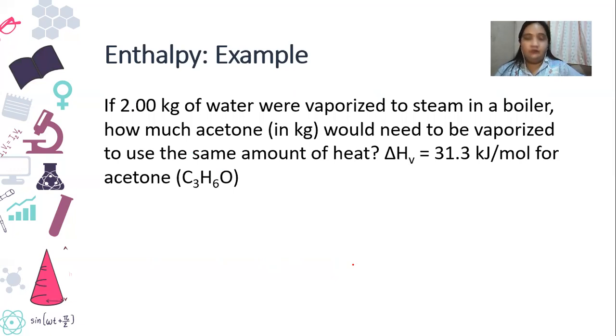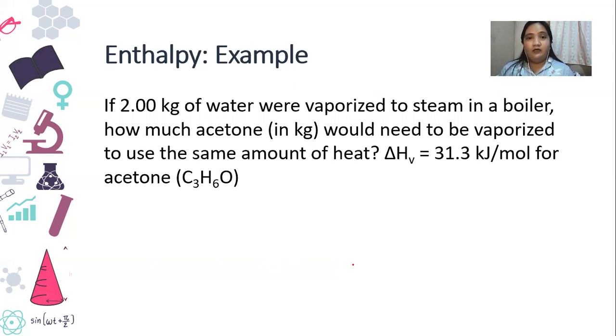Acetone is given as C3H6O. If you have a periodic table with you, or just Google a periodic table, take note of the atomic masses of carbon, hydrogen, and oxygen.